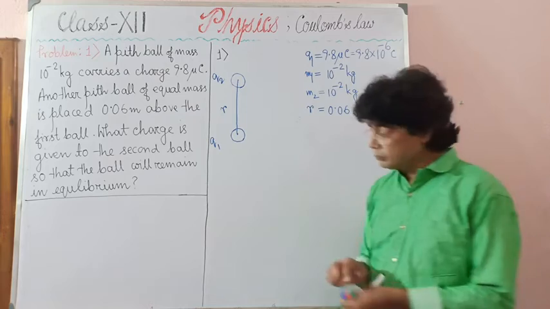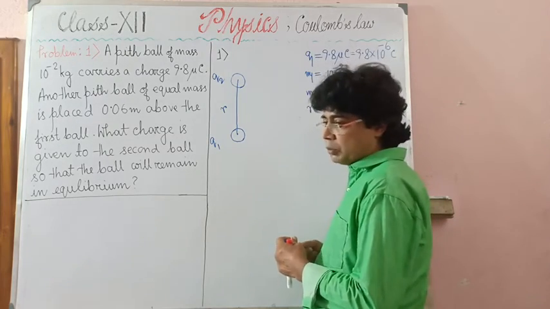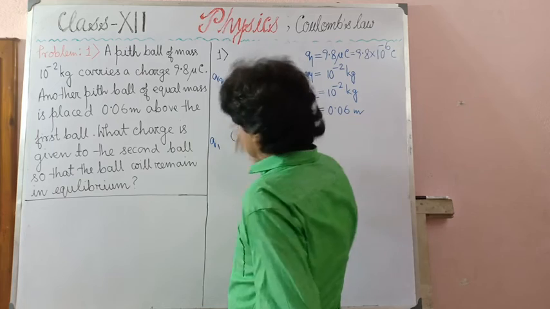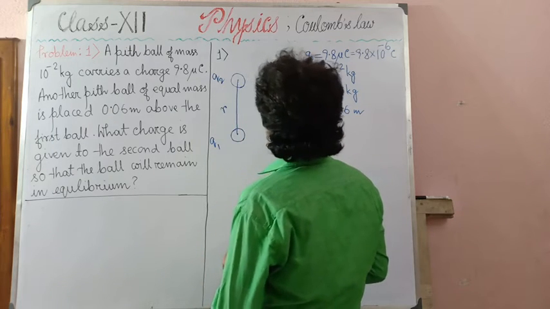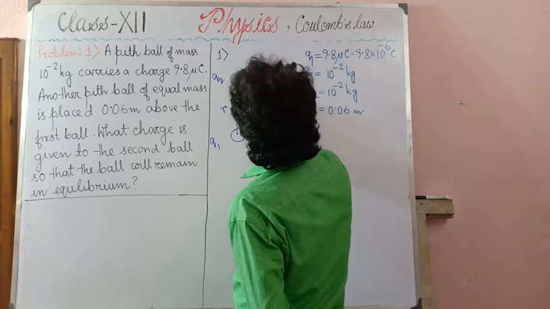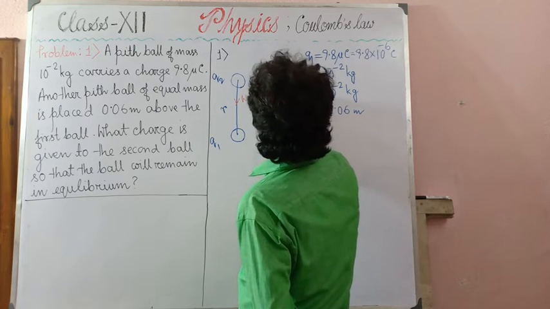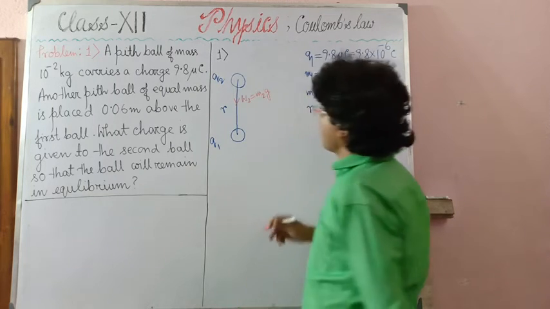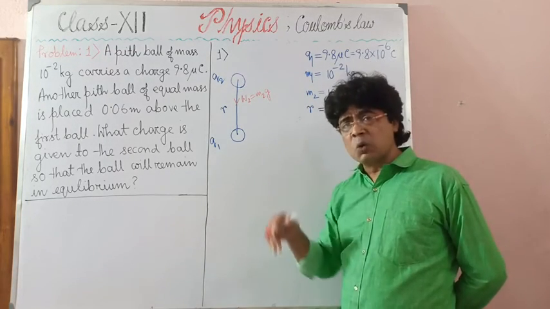Now, the weight of the second ball, W2, equals m2 g, acts along the vertically downward direction.